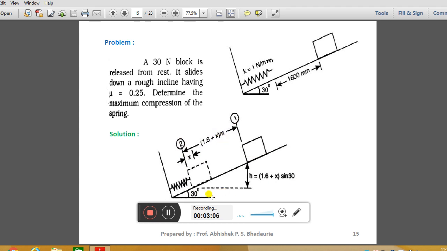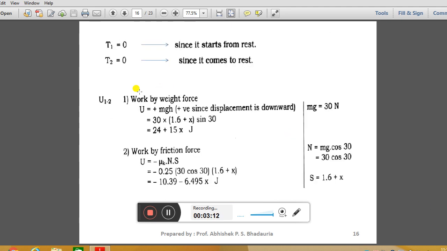The angle of inclination is 30 degrees. We have already obtained the initial and final values of kinetic energy. Both are 0 because the initial and final velocities are 0. So let us find the work done by the different forces.